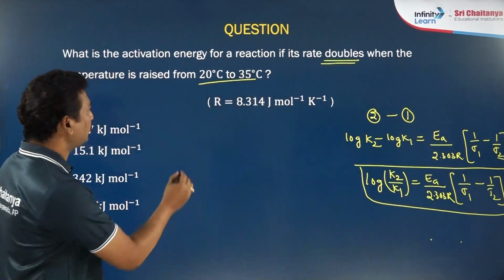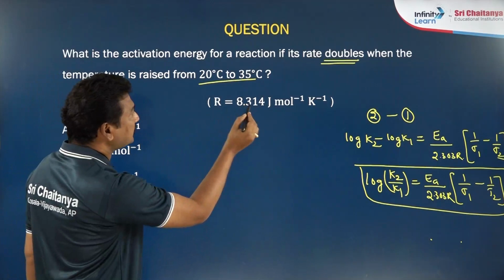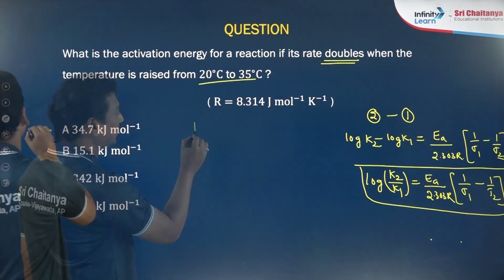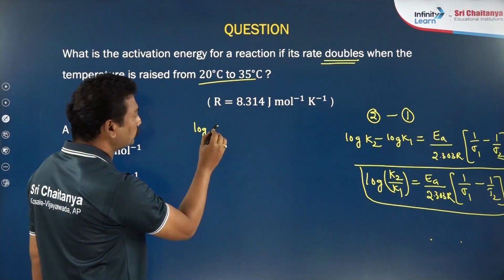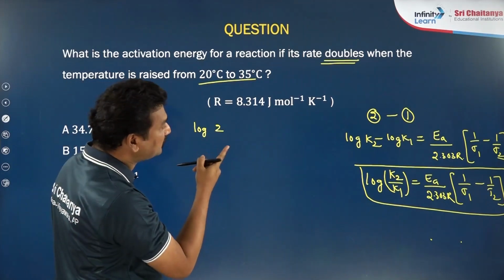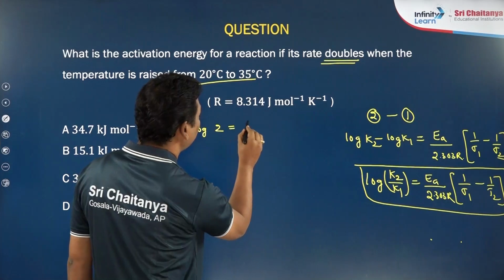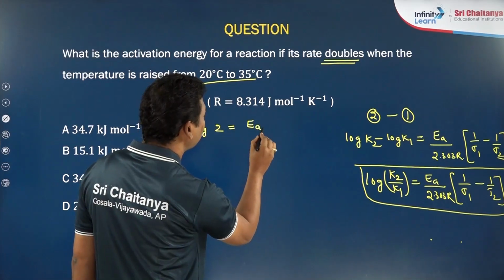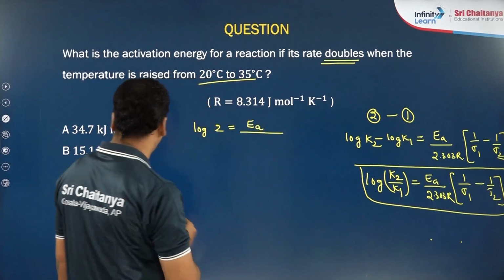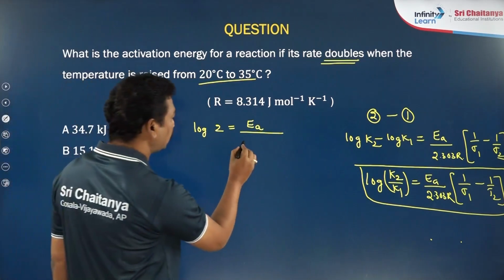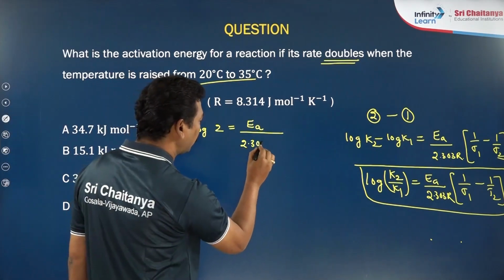Substituting the values, since it is mentioned rate doubles, K2 by K1 is 2. Log 2 is equal to EA by, since we are asked to calculate activation energy in kilojoule per mole, we need to substitute the R value in kilojoule per mole.